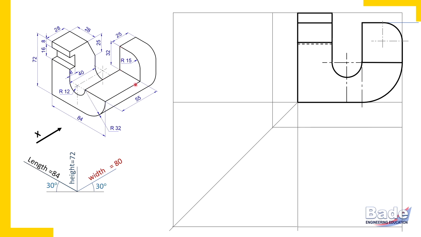This surface. Such a surface is not on the back side. So the vertical edge from here is to be assumed up to the base of the object. So from this corner, there is a vertical edge which is visible, we have drawn here.